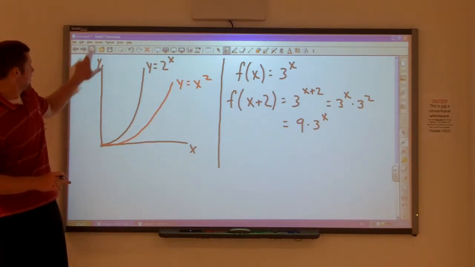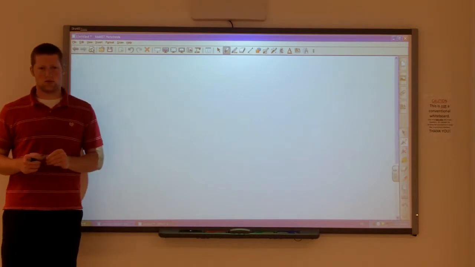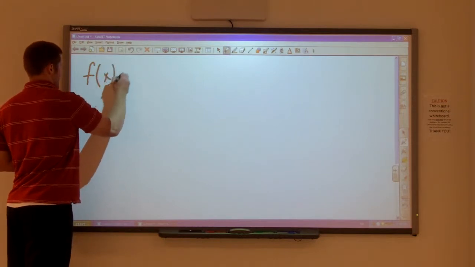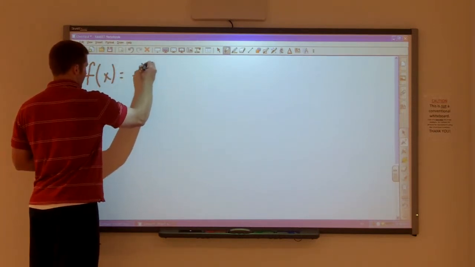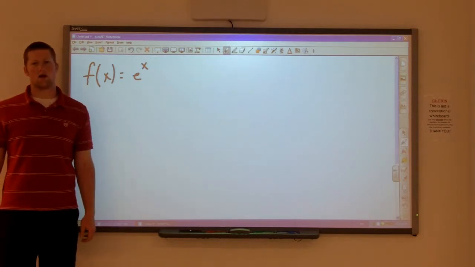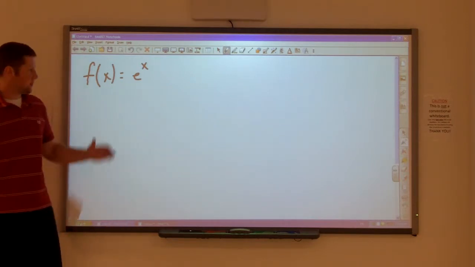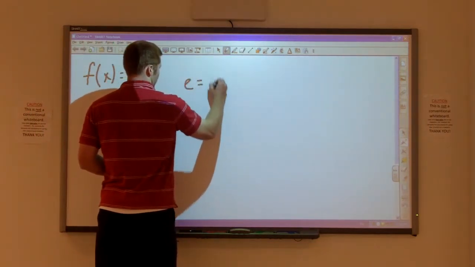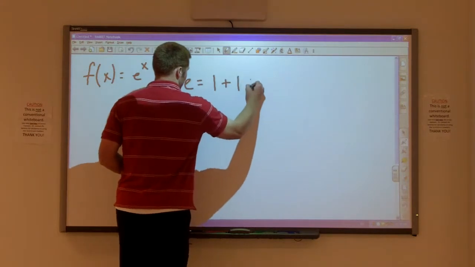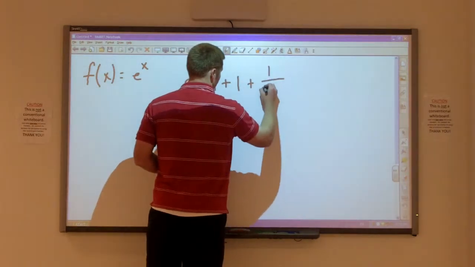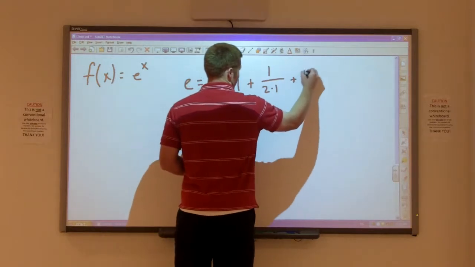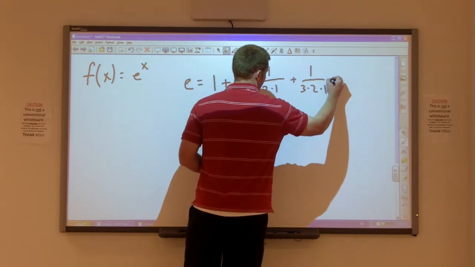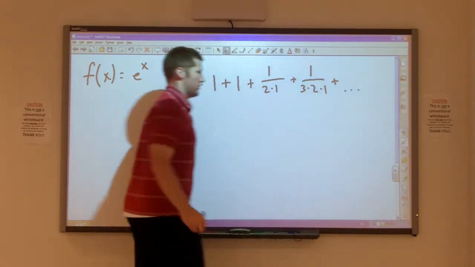At this point, there's a very special exponential function, and we denote it f of x equals e to the x. Now, for reasons that will be derived in calculus, this is very important, but this value e comes from the following. e is actually equal to 1 plus 1 plus 1 over 2 times 1 plus 1 over 3 times 2 times 1, onward to infinity.